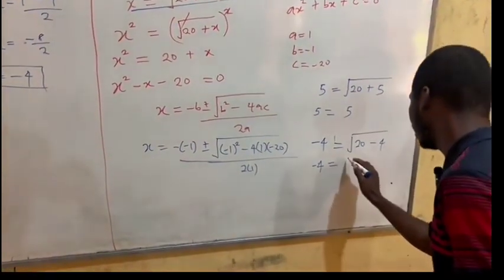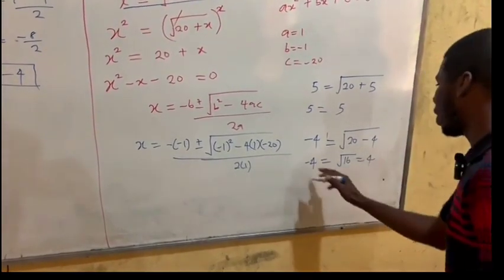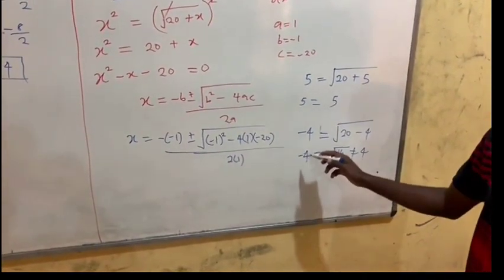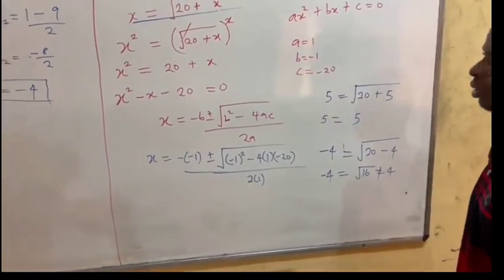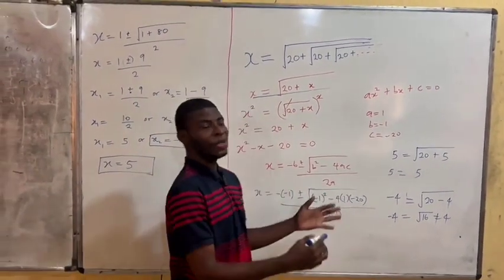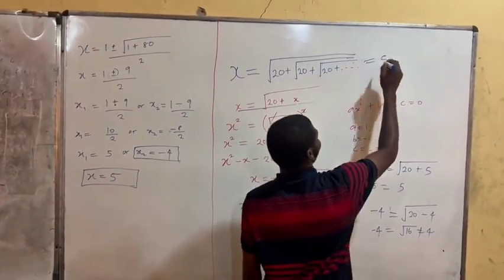The square root of 16 is 4. Minus 4 is not equal to 4. So this automatically means x equals minus 4 is an extraneous solution. So that's it. The value of the infinite nested radical is equal to 5.